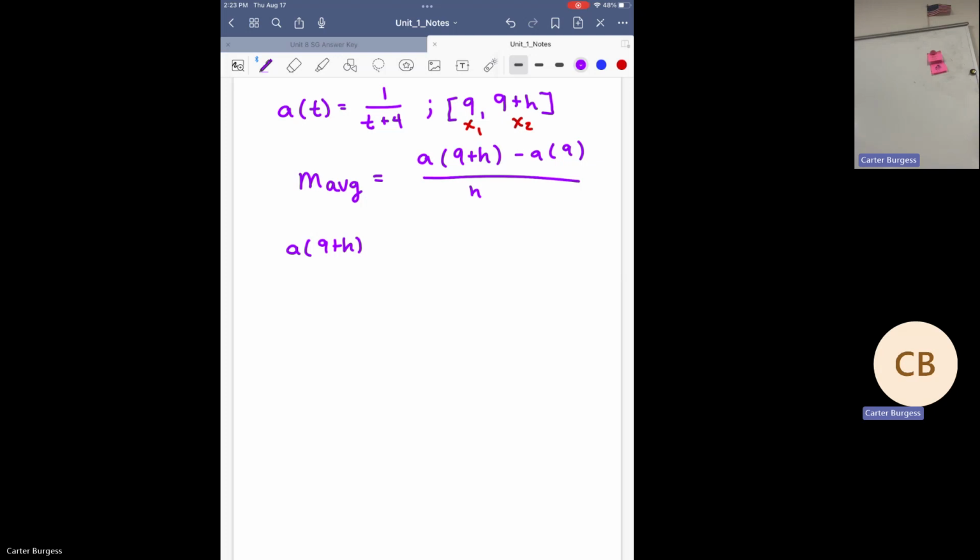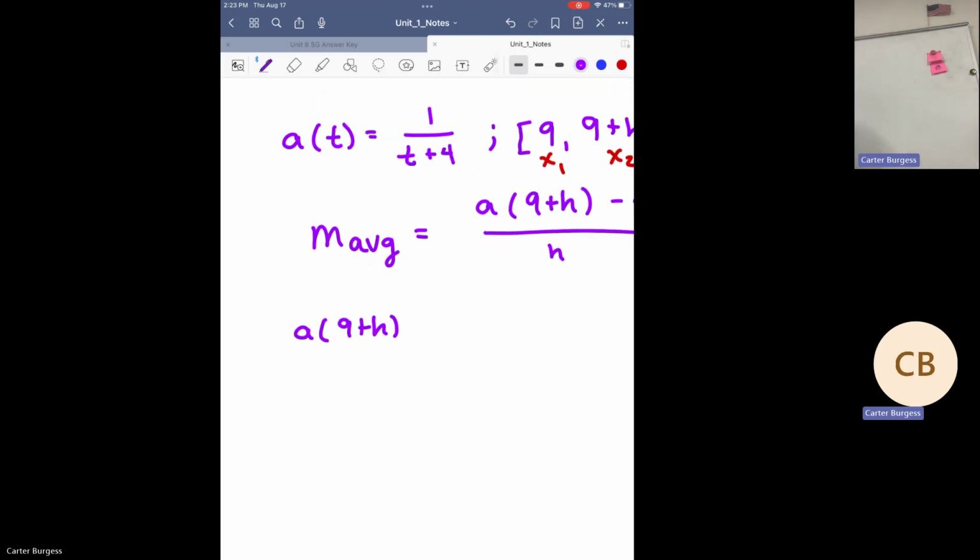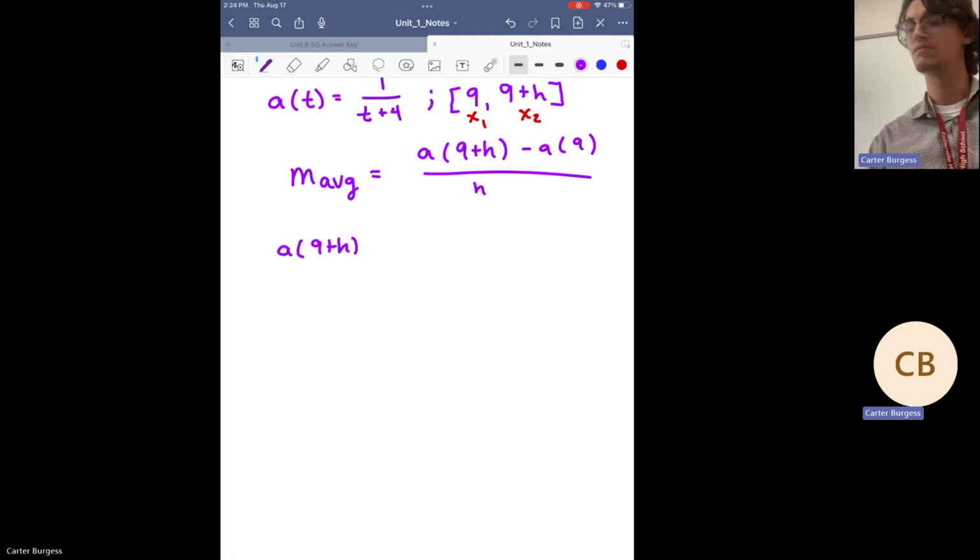We're substituting 9 plus h into t, right? So I feel like we're really, really good at doing the substitution when the function is like f or g or h. In this case, the function is just a, right? So remember, not distributing, we are substituting everywhere we see a t, replacing it with a 9 plus h. Fantastic. What is that going to give us?